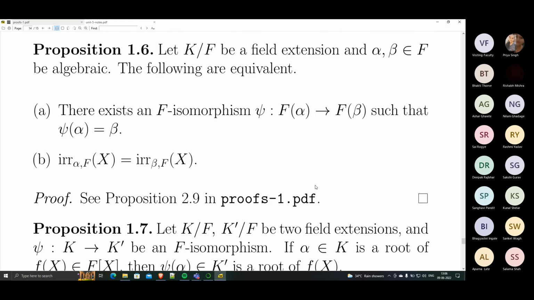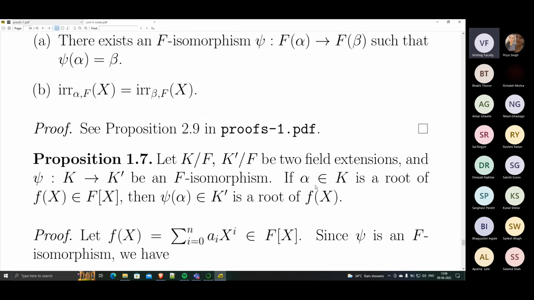So let us complete this. Now, let's look at two extensions, K and K prime over F. Okay, two field extensions K and K prime over F. And what do we know?